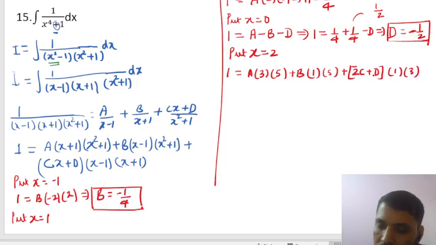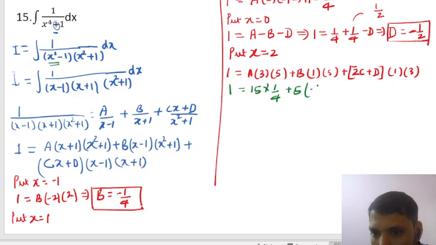Now we are going to substitute at the same time. We will simplify and substitute the values of A, B, and D, and then we'll get the C. So here 1 is as it is, and this is 15 times A. And A is what? As we know, we already found out the value of A, it is equal to 1 by 4. So A is equal to 1 by 4 plus 5 times B. What is B?